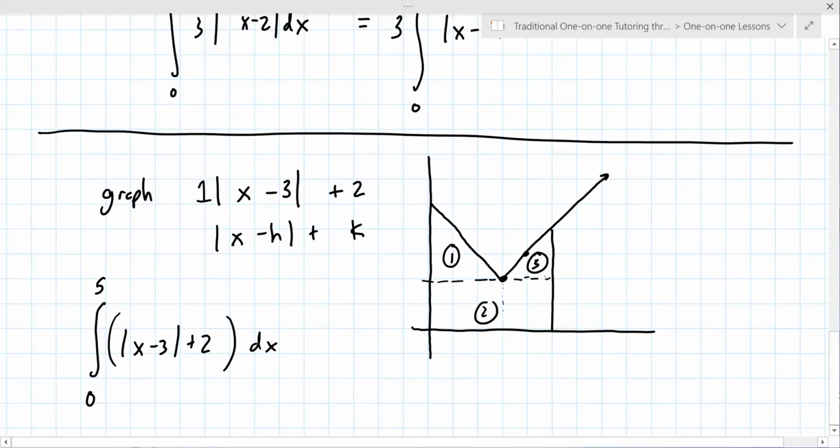Let's get this area, please. So it's 2 times 1, 2, 3, 4, 5.